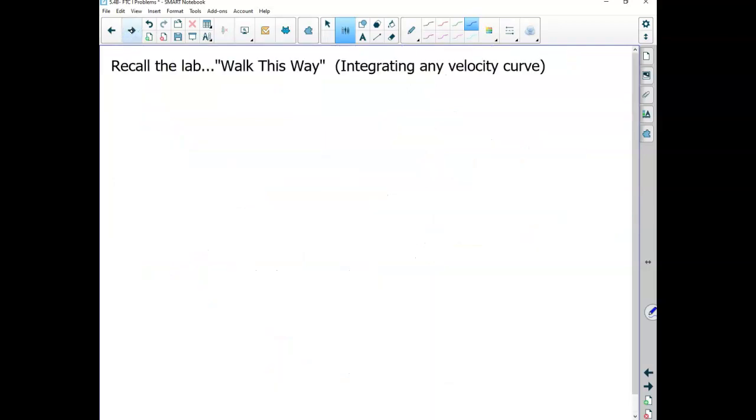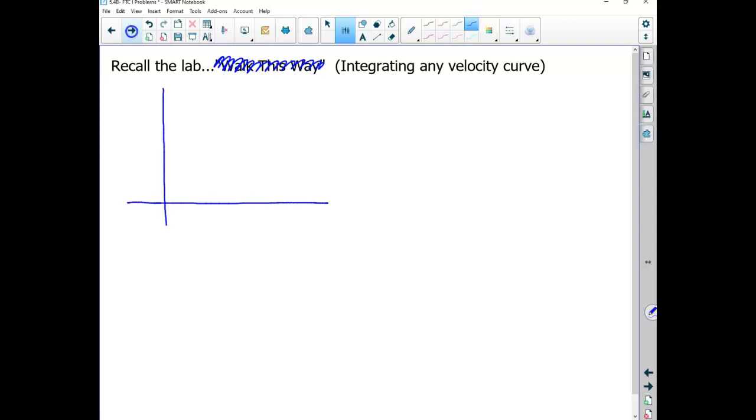So we're going to come on to recall the Walk This Way lab. We did not do the Walk This Way lab integrating any velocity curve. What we're going to do is I'm just going to throw a graph up here because we need to be able to figure out stuff with velocity, and think of maybe your particle moving along the x-axis. I promise you, you're going to have one of those.